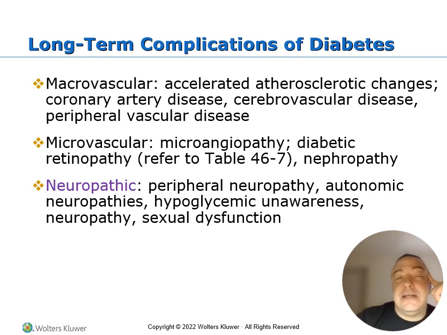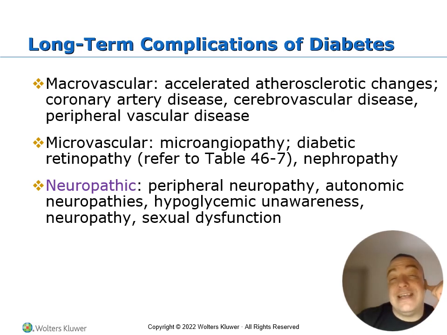Long-term complications, man, we have the three biggies: macro, micro, and neuro. So think of your vascular changes, your large changes, the things that affect your kidneys, your heart, your brain, your vessels. That's your macro.